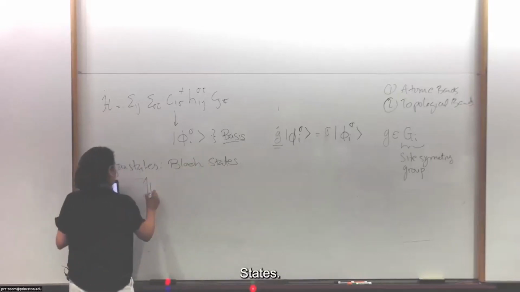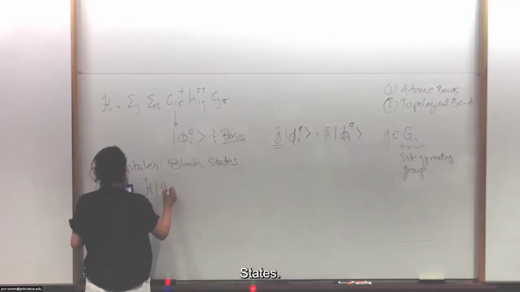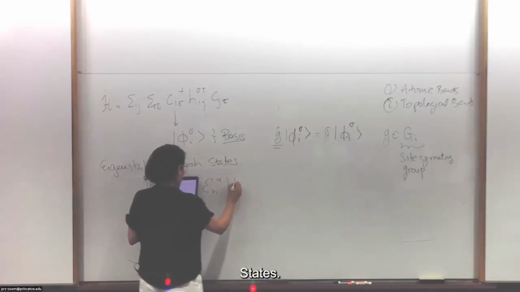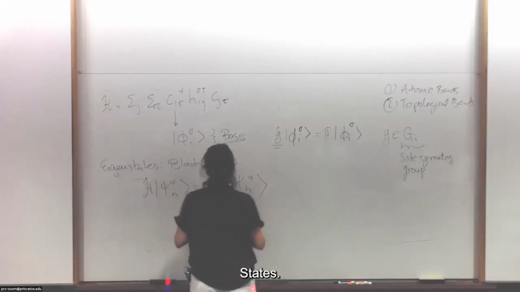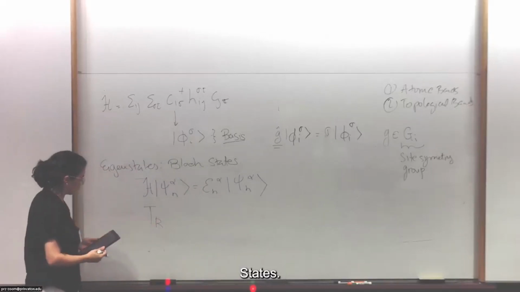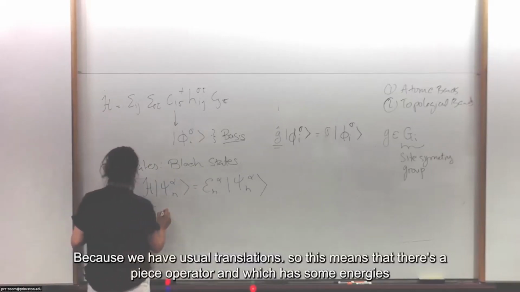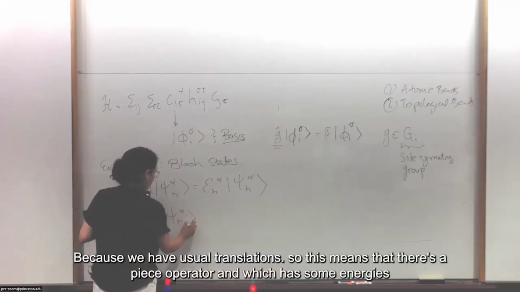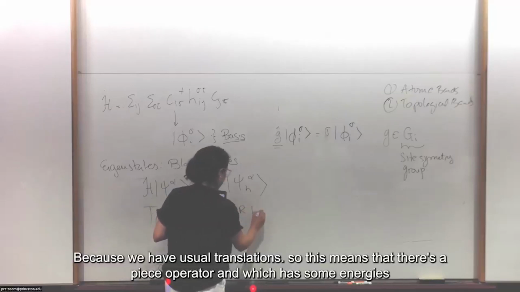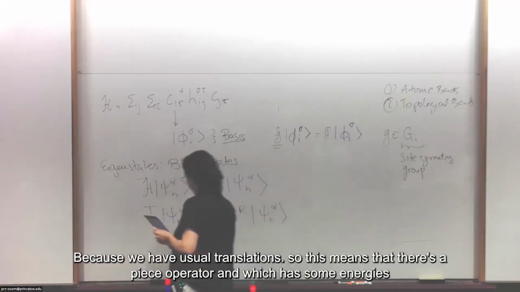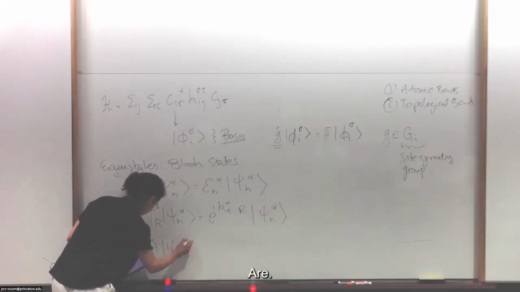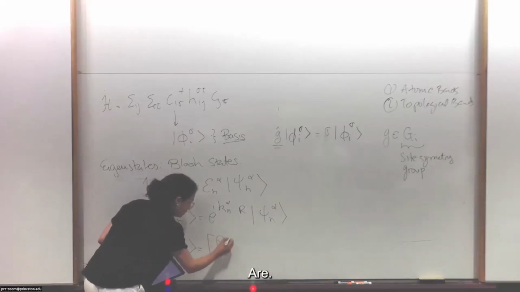So this means that the Hamiltonian will have some eigenstates, which have some energies. There are also going to be some translations, with some lattice vectors R, and some additional space group symmetries, which transform under some representation.